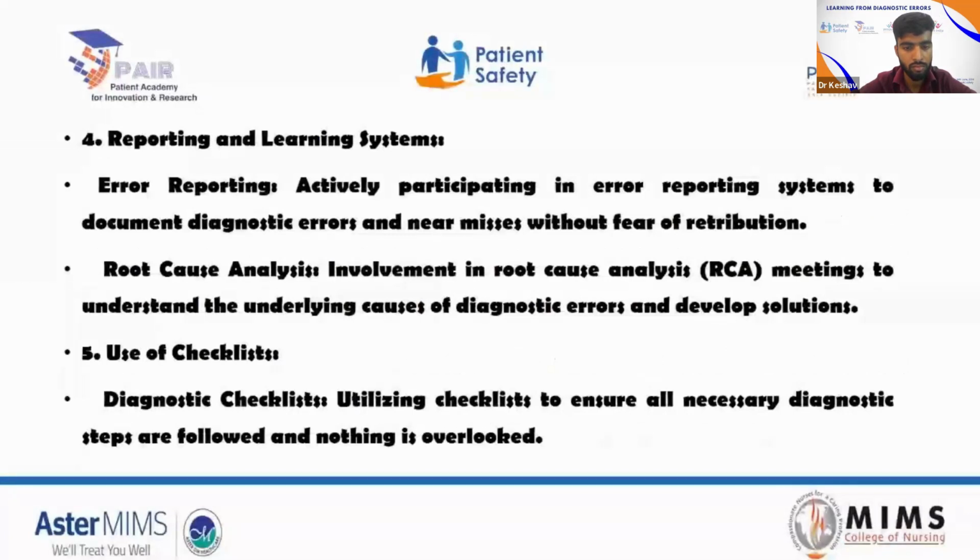Then root cause analysis, as I have told earlier, of diagnostic errors should be done and solutions should be developed. Then use of checklists and standardized protocols. This will help in preventing as well as overlooking diagnostic errors.